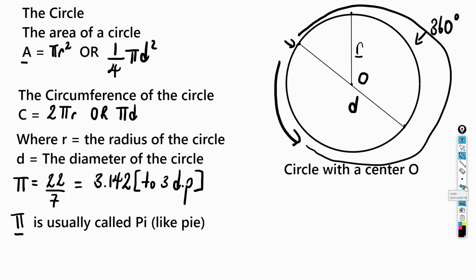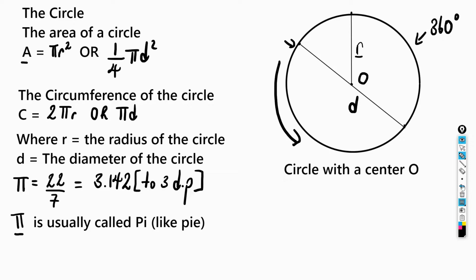So the circumference is basically the perimeter of the circle. Think of it that way. The circumference of the circle, C, is equal to 2 pi r, which is 2 pi times the radius, or pi times the diameter. That's how you calculate the circumference of the circle.